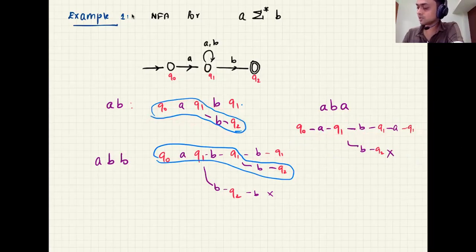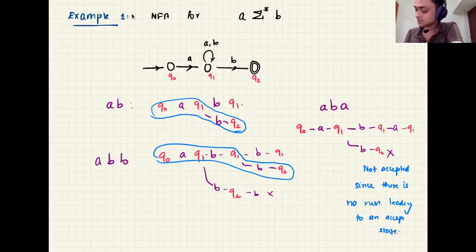So this is not accepted since there is no run leading to an accept state. Here, there exists a run going to an accept state.